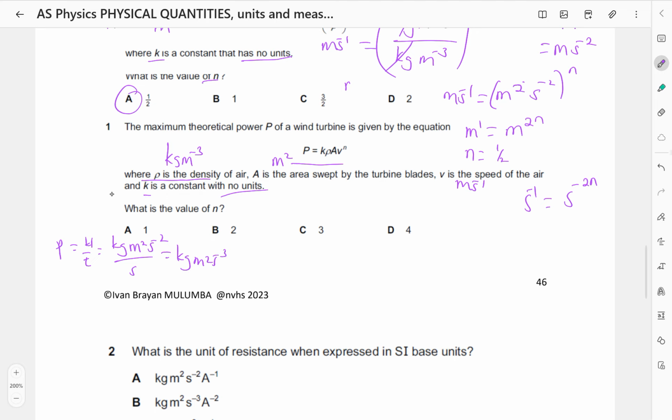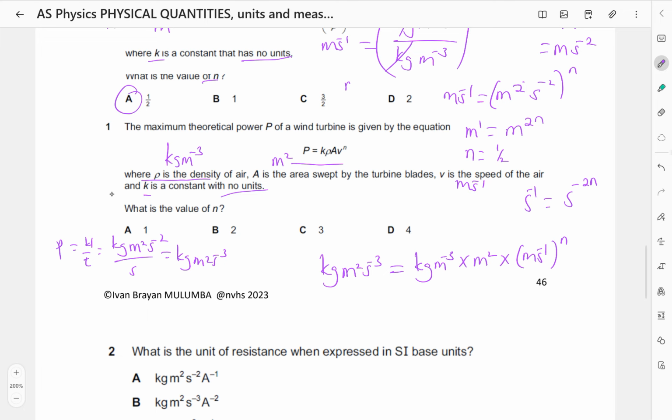So I'm now equating the units. I have kilogram meters squared per second cubed equal to, K has no units, I will not include it, kilogram per meters cubed for density, meters squared for area, meters per second for speed, but this is raised to power n. So I want to find n.